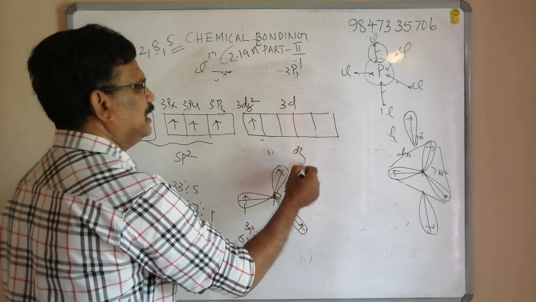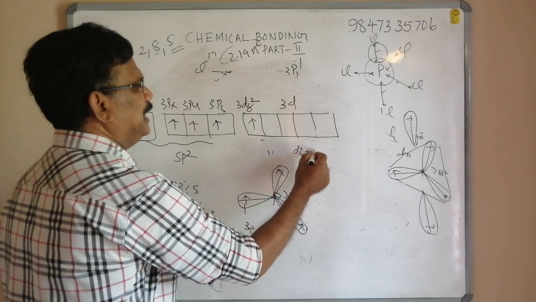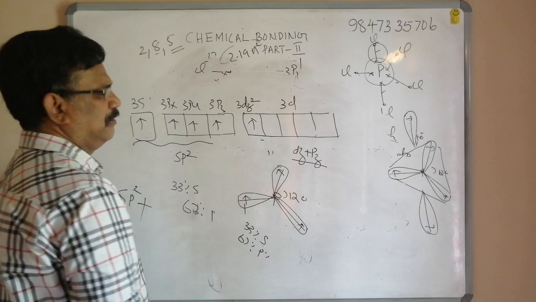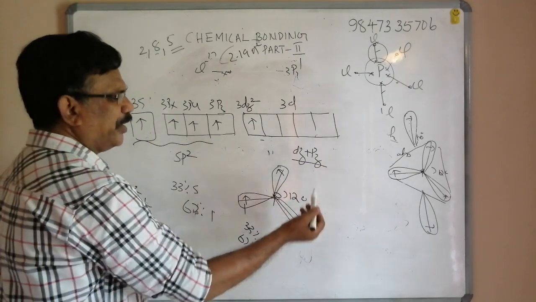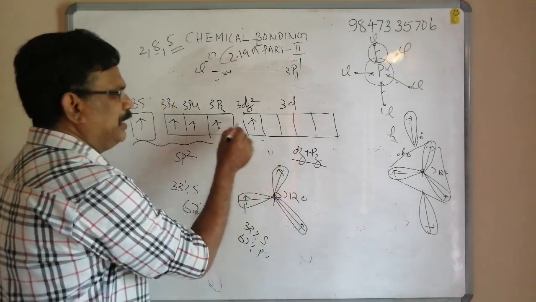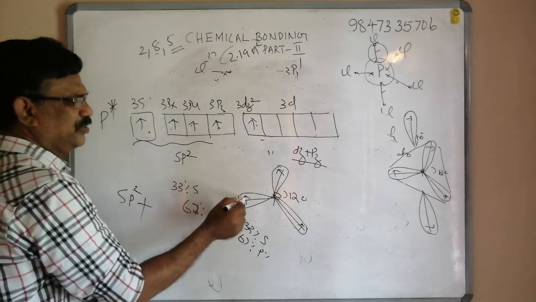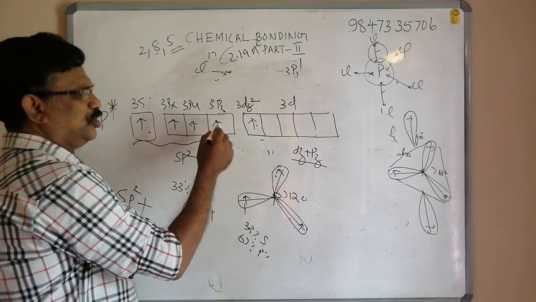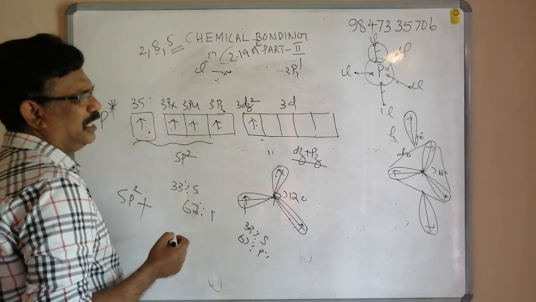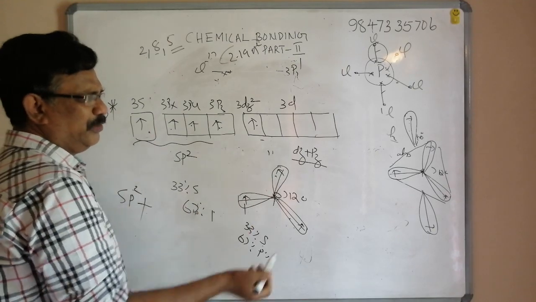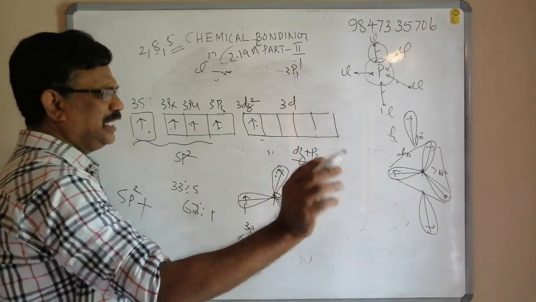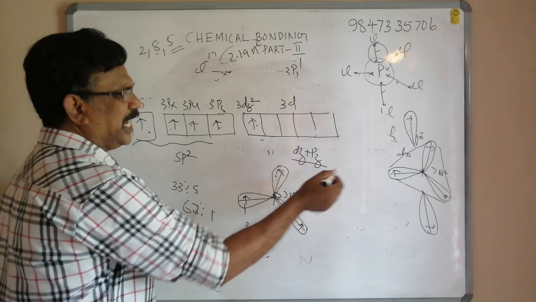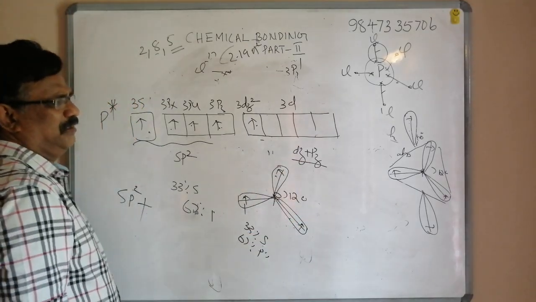So dz² plus pz mixing, 0 s character. The 2 orbitals mix together and produce 2 orbitals. Both are purely dumbbell because there is no s character.